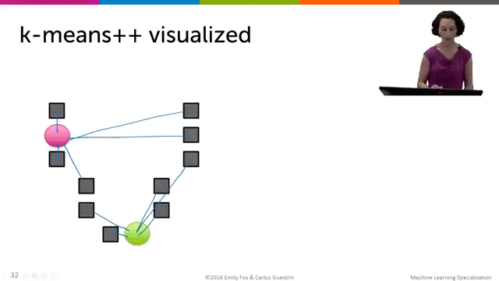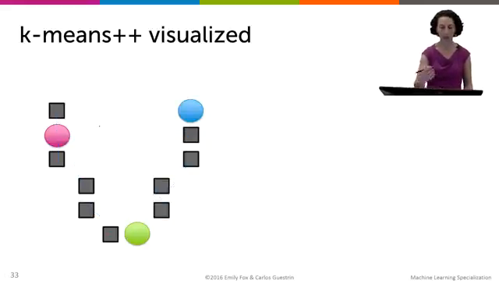Perhaps not, but you get the point. And then based off of this, we're going to again compute the square of each of these distances and then sample a point. And this one here is really far away from the nearest cluster center, so it's very likely to get selected. And indeed, in this example, we select that.